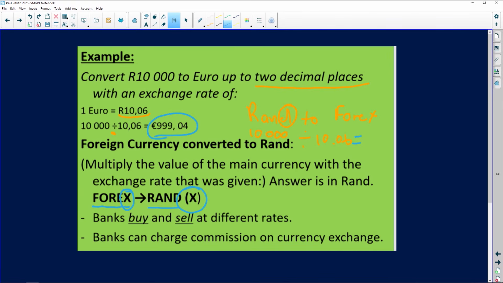All right, now guys, very important, and it is common knowledge, but if you didn't know about this, here's the tip. Why do banks buy and sell money? Remember, banks are businesses. They want to make money, profit, commission, whatever the synonym or the words are, that's what they want to do. So when banks trade, they are actually buying and selling the forex.